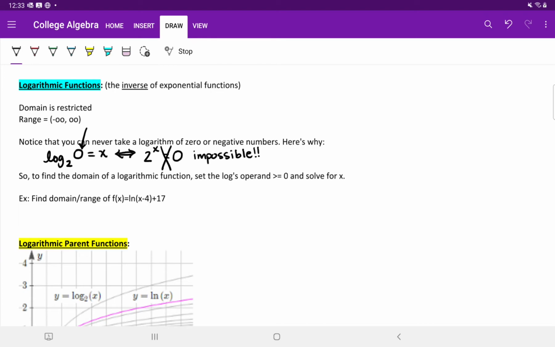Let's do one more example with a negative number. If I had log base 2 of negative 1 equals x, and I converted that into an exponential, we would get 2 to the x power equals negative 1.